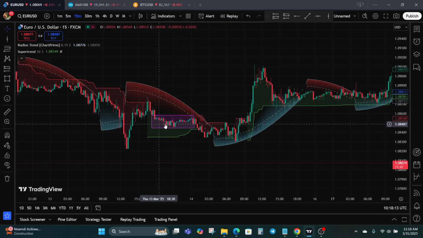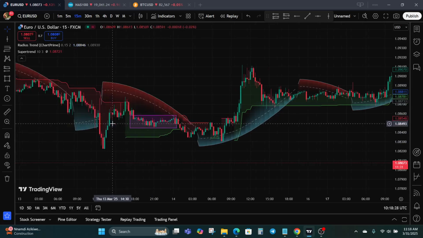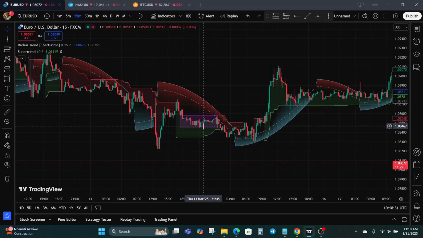You can see the candlesticks were moving sideways. So the super trend actually gave a false signal here because the overall trend was still a sell.